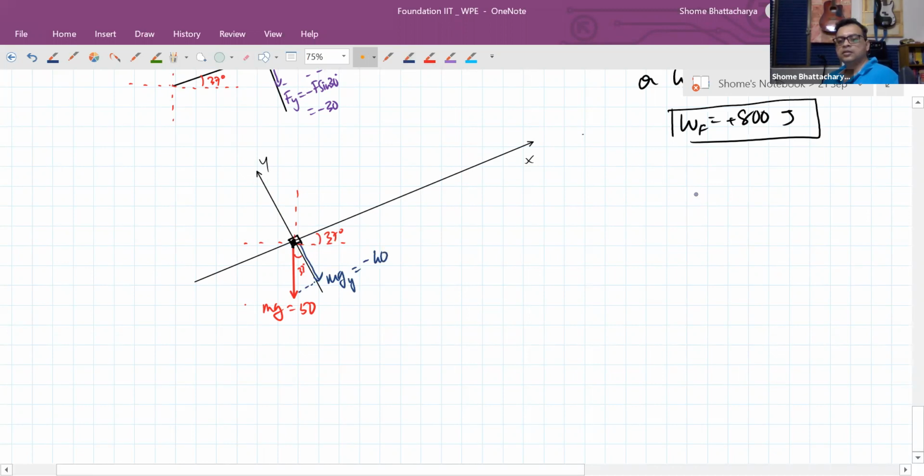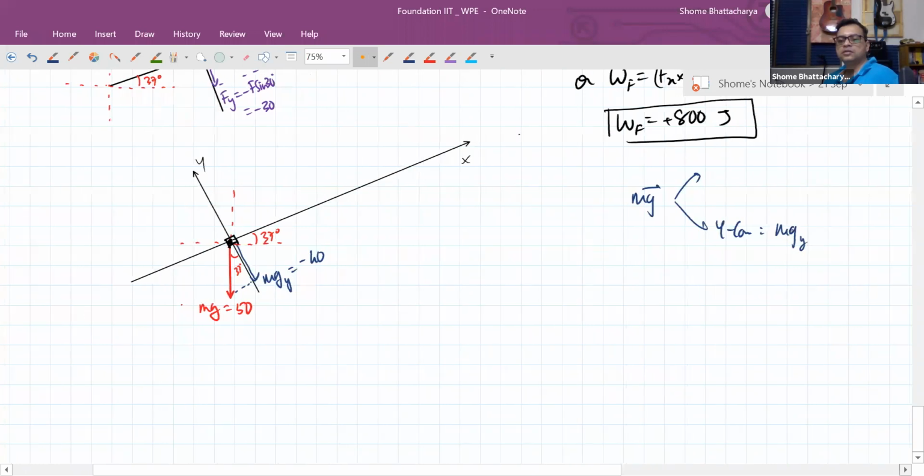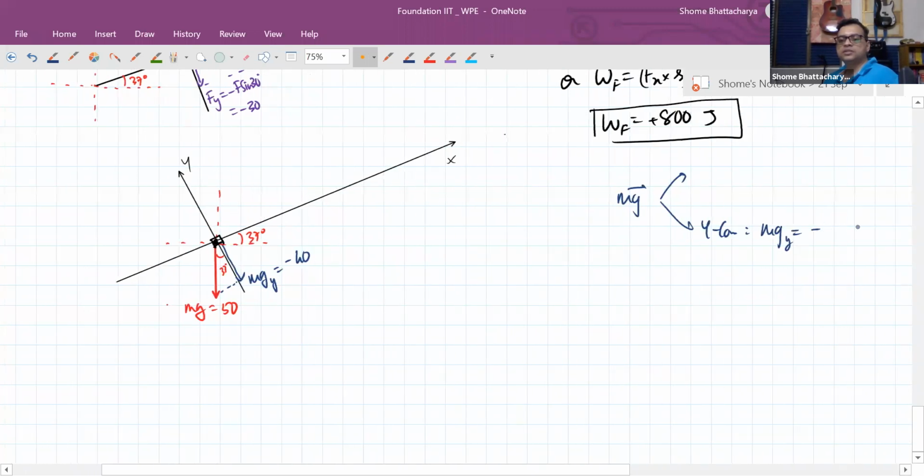Mg, its components will become such that the y component is minus of mg cos 37. So that is minus of 50 into 4 by 5, so minus 40. And its x component is also negative. It's acting along the negative x direction.